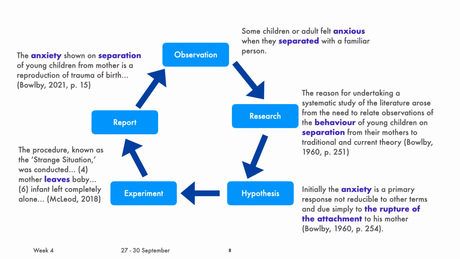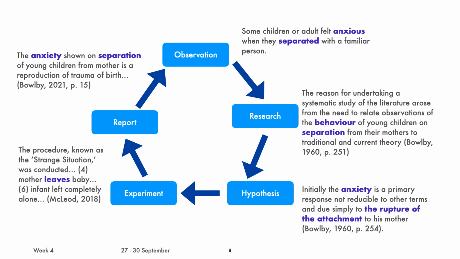Sometimes reports will have to be very short because of the word limit, so they will have to be very concise. So the result can be, for example, in Bowlby's 2021, he says, the anxiety shown on separation of young children from mother is a reproduction of trauma of birth.